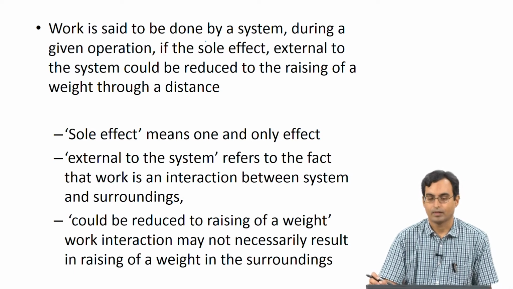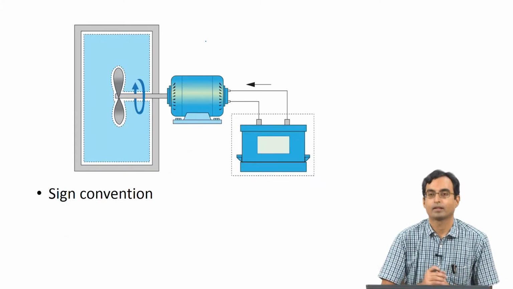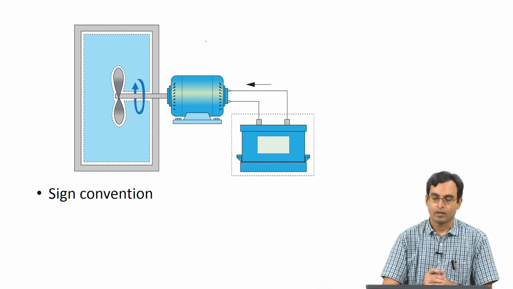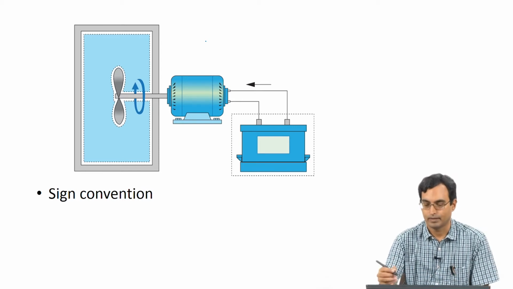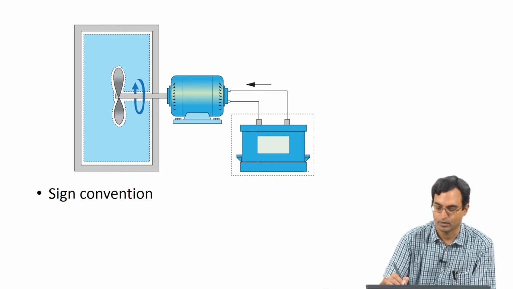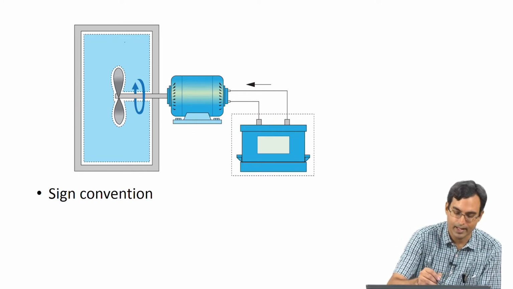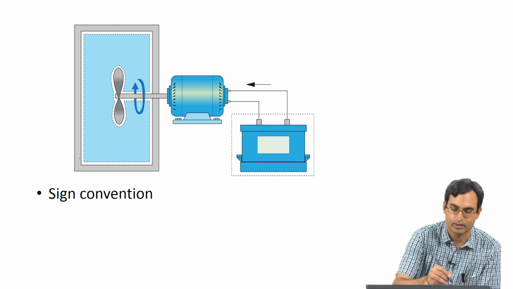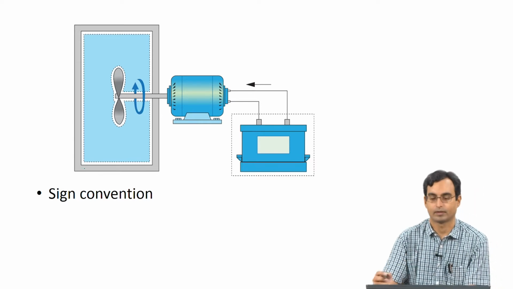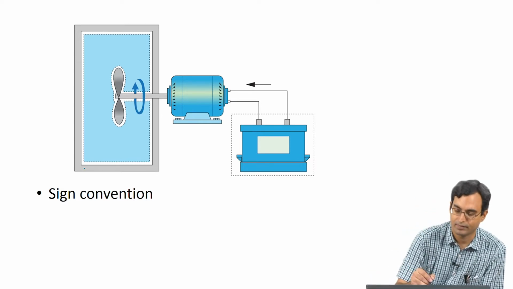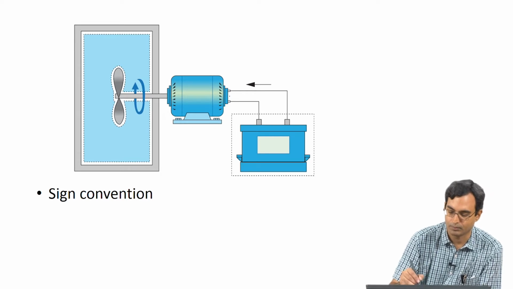What we are going to do now is look at some examples. I have here at least two systems which are marked by these dotted lines. One is a battery, a second is this gas surrounding a paddle wheel which is confined inside a box of some kind. I can also think of a third system which is this motor over here.